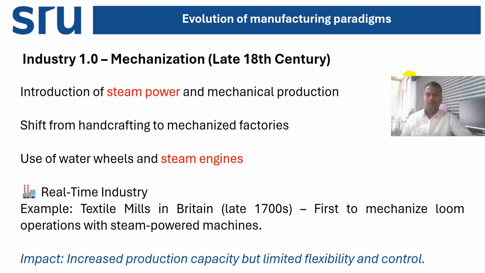and how it shifted handcrafting to mechanized factories, because most of the materials are not available in one place. To manufacture, we required similar kinds of materials, which required a lot of raw materials, and those raw materials we need to transport from one place to another. Not only people, it is now required for various industries.